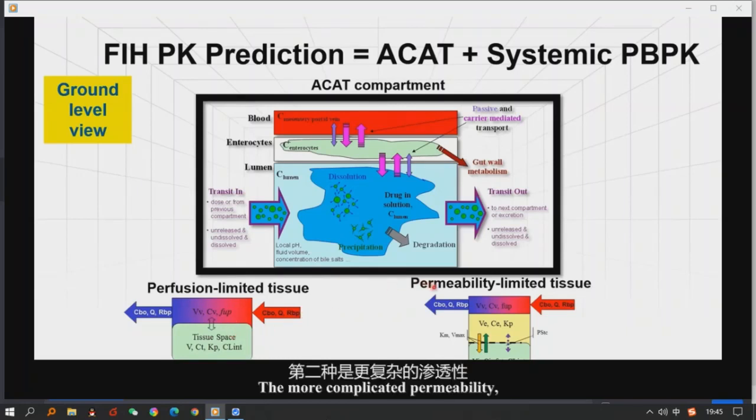The more complicated permeability limited tissue model has the vascular space, the extracellular space, and the intracellular space. And we can see passive transport of the compound from the extracellular to the intracellular, driven by the permeability surface area product, or we have the active transport of the compound with the Vmax and the Km.